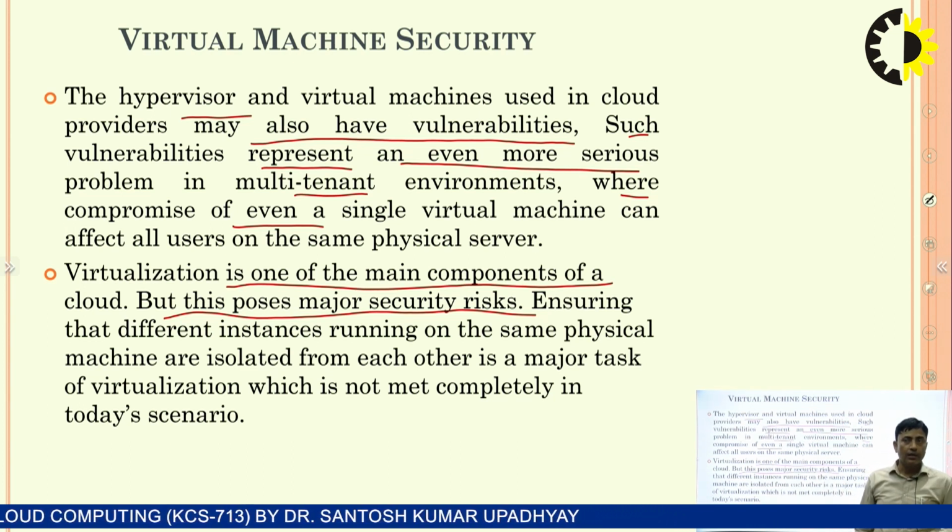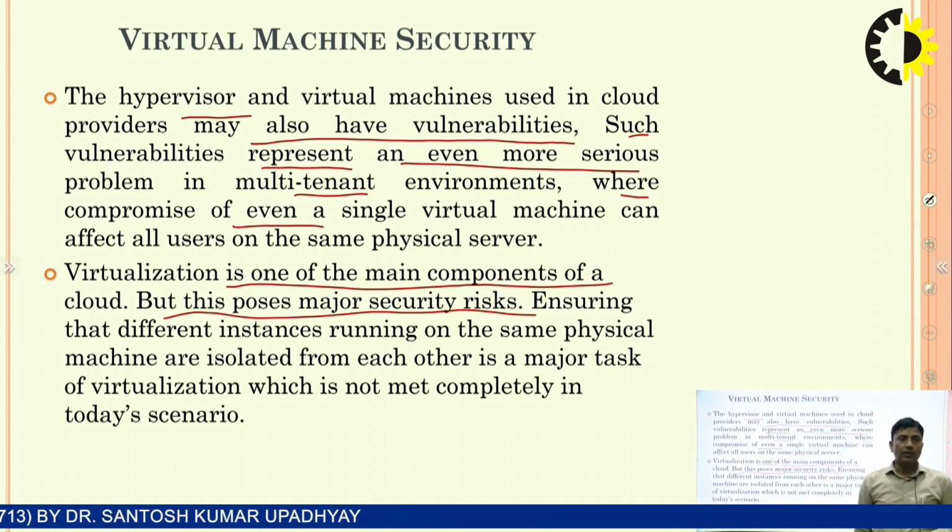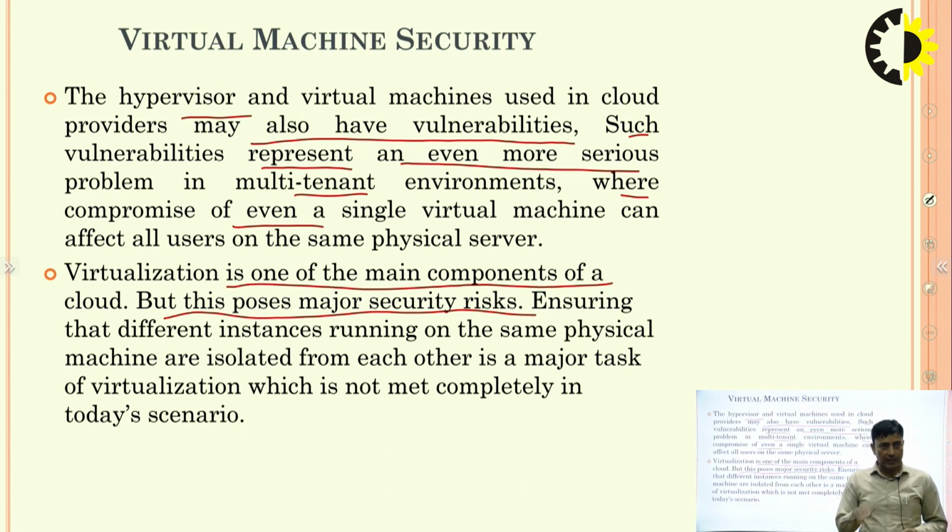Virtual machine means, with the help of a hypervisor, you are able to run multiple operating systems simultaneously on the same host, and each and every different operating system along with some application makes a complete package and is known as a virtual machine. That means you are designing a number of virtual machines on the same host machine.